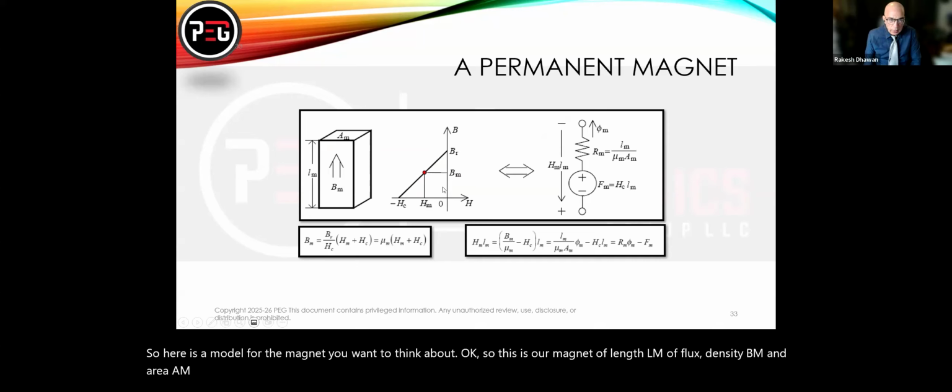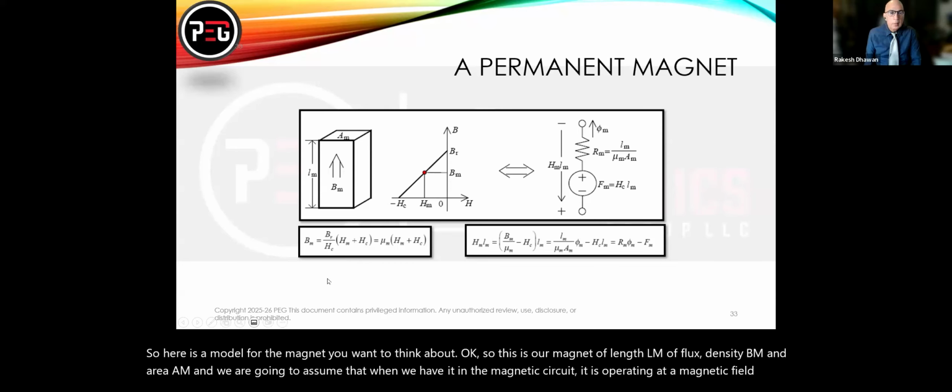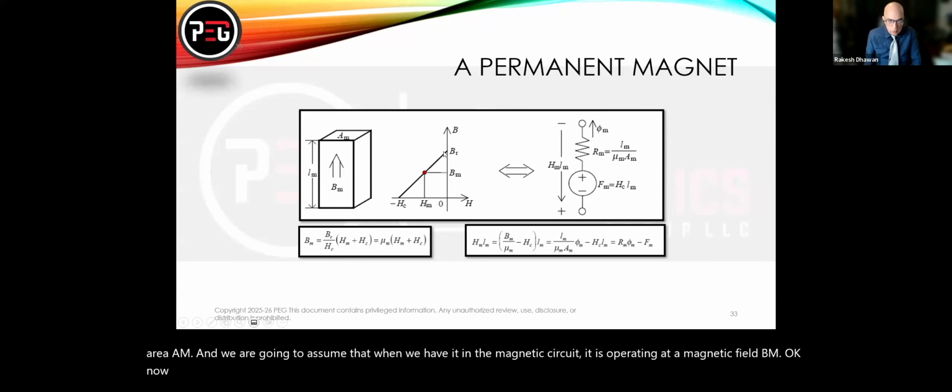We are going to assume that when we have it in the magnetic circuit, it is operating at a magnetic field Bm. Because this is a linear slope, we can say Bm is equal to mu m Hm plus Hc.